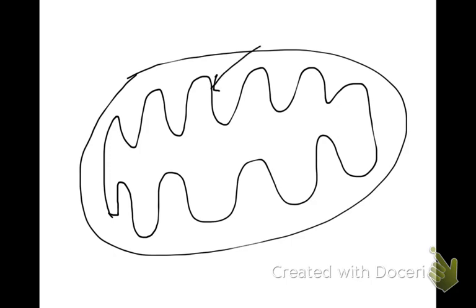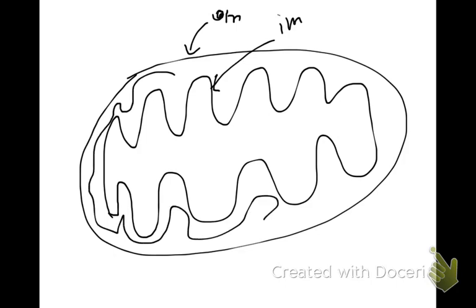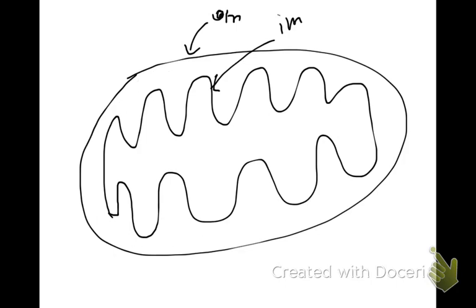And so again, this is going to be the inner membrane, and this is going to be the outer membrane, and then this space right here is going to be the intermembrane space.